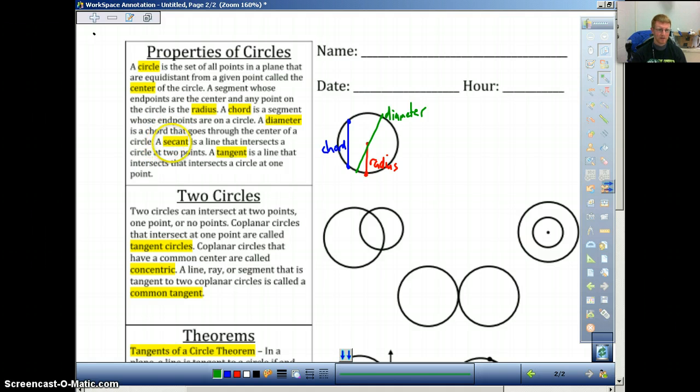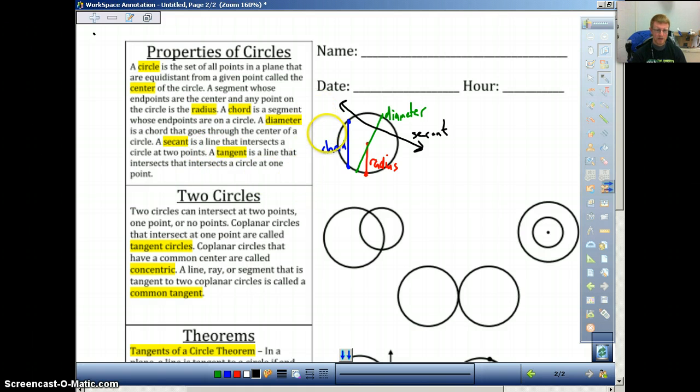And then a secant line is a line that intersects a circle at 2 points. So remember, these are segments. A line is going to go straight through. I know it's not straight, but close enough. That's what we call a secant. And then the last thing, a tangent line.